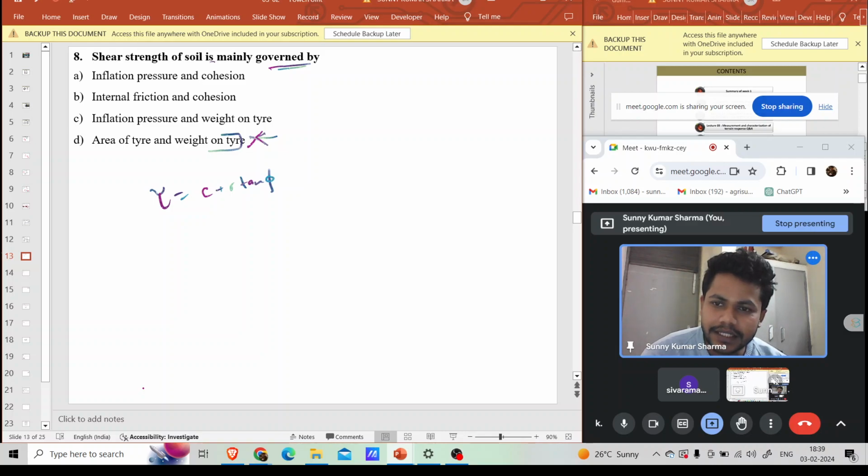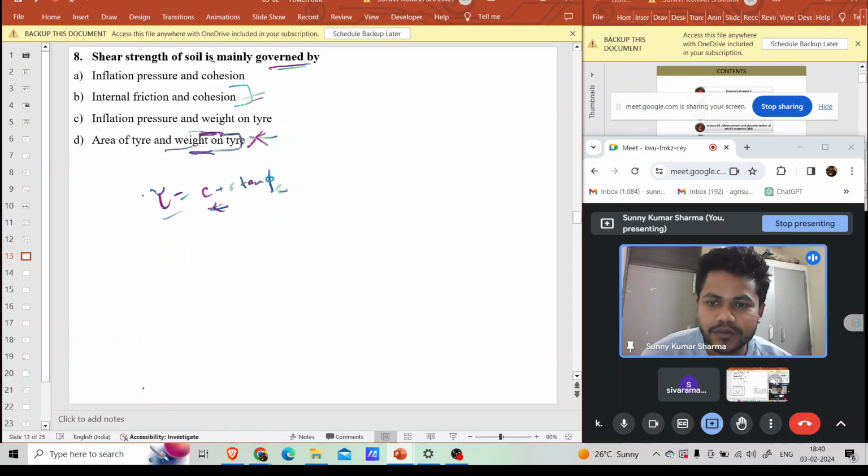That is a parameter, but when the tire interacts with the soil, then these parameters will come. If there is no tire engagement, then how can this be the shear strength of the soil? These two will define it. Internal friction and cohesion. Yes, internal friction and cohesion. This C and phi are the two governing shear strength parameters.